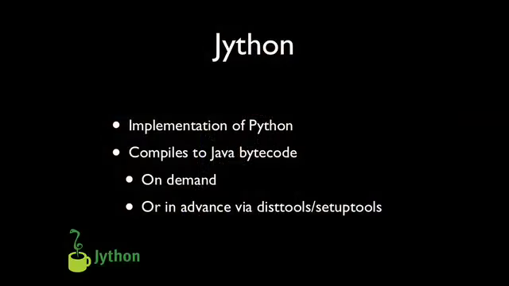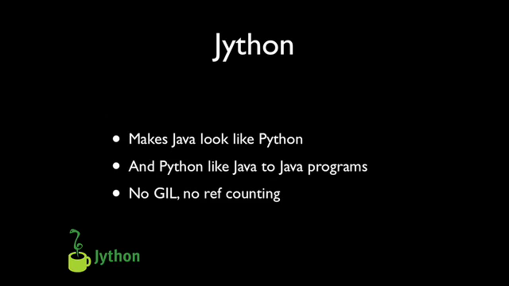Again, we are an implementation of Python. One thing that's sometimes not well known is that we compile to Java bytecode. In the past we basically did this on demand, but you can do this in advance as well through a setuptools or distutils process.